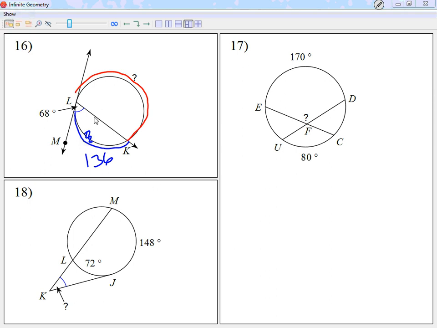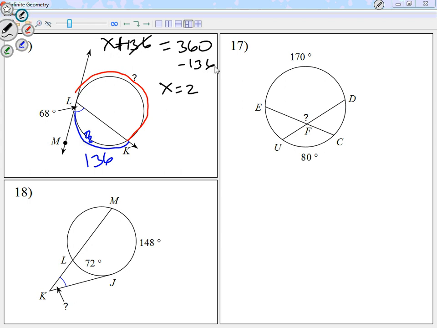These two arcs combined, the red one and the blue one, x plus 136, make a circle, and a circle is 360. So if x plus 136 equals 360, let me subtract the 136, and I get x equals 224. But the angle times 2 equals the arc that it creates. 68 times 2 gave me 136. That's when the angle is on the circle.